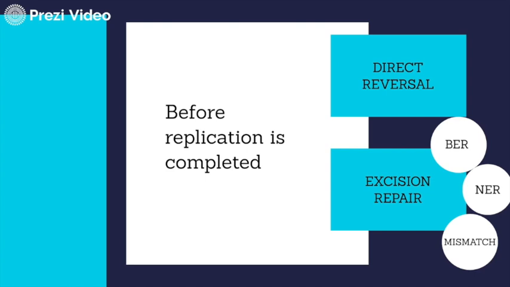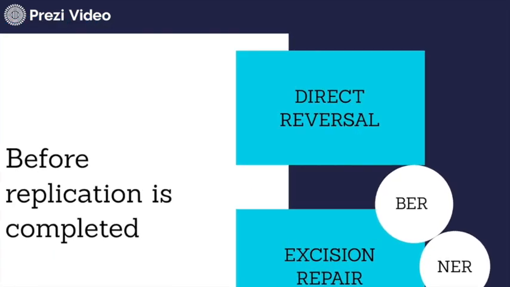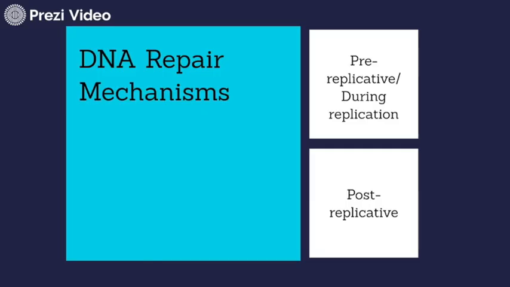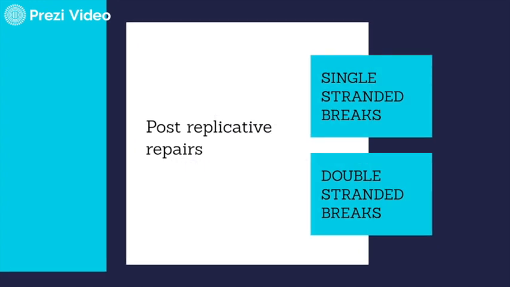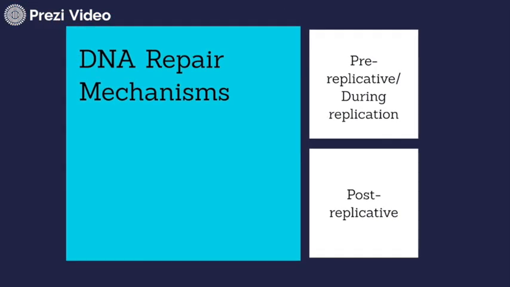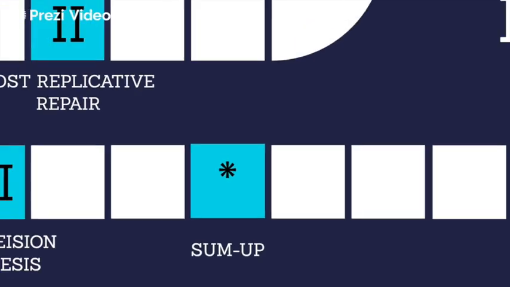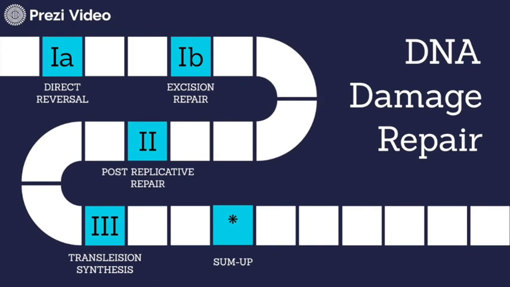Excision repair mechanism can further be classified as base excision repair, nucleotide excision repair, and mismatch repair. The post-replicative repair, on the other hand, can be classified as single-stranded break repair and double-stranded break repair, as we just saw in case of the cells. So with this, we sum up the portion of DNA repair mechanisms.